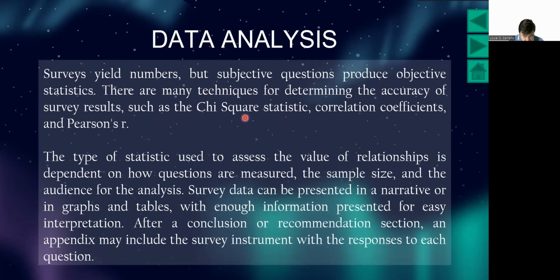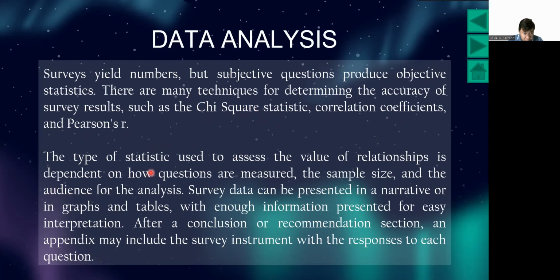So, chi-square statistic measures the significance of bivariate relationships between nominal level variables. And then Pearson's is a measure of the strength of association between two interval level variables. So correlation coefficient measures the strength of the relationship among multiple interval level variables.